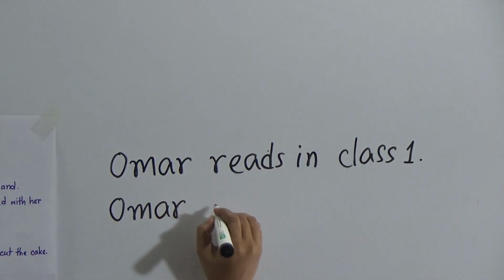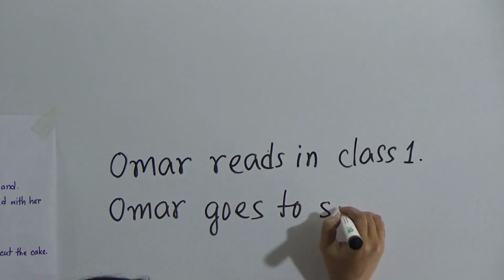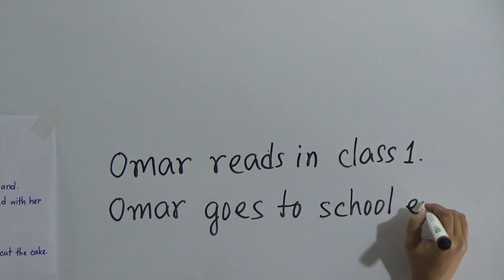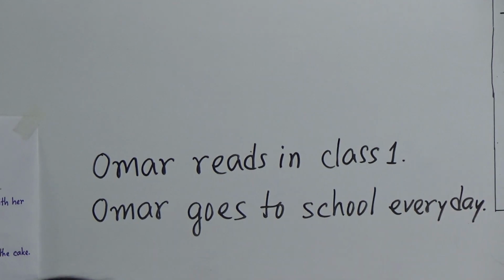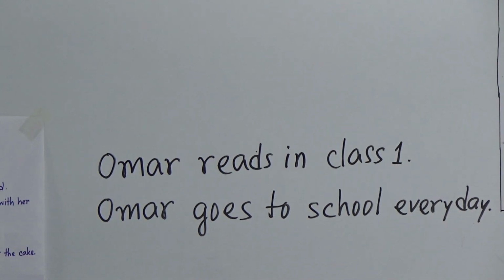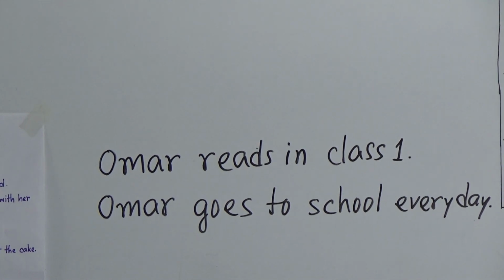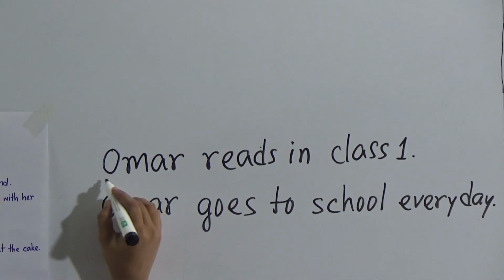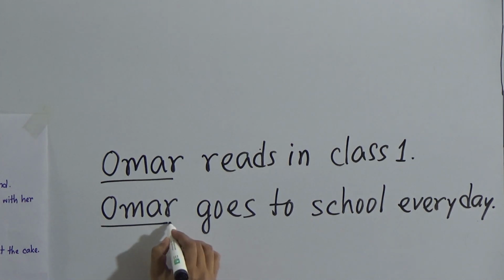Omar goes to school every day. And today we will learn to join sentences using and. Now look at these two sentences. Omar reads in class 1, and the second sentence, Omar goes to school every day.